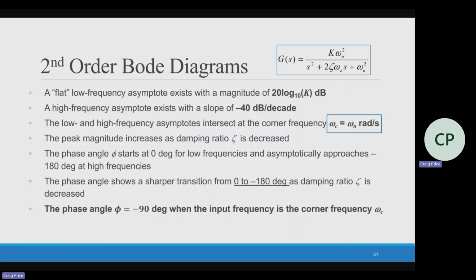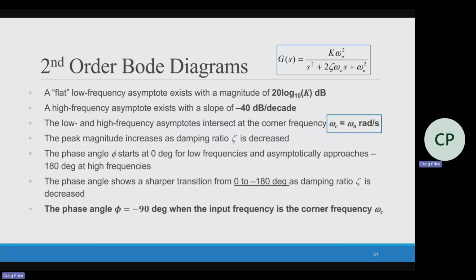Let me go back to this. Here are some of the rules. Same starting point as a first order. Once I find K, we find the decibel. That's our starting point. And then we have an asymptote with a negative 40 decibel per decade line. Those two meet at the corner frequency, and for a second order system, corner frequency is just natural frequency. Once I find that, that's where those two lines meet.